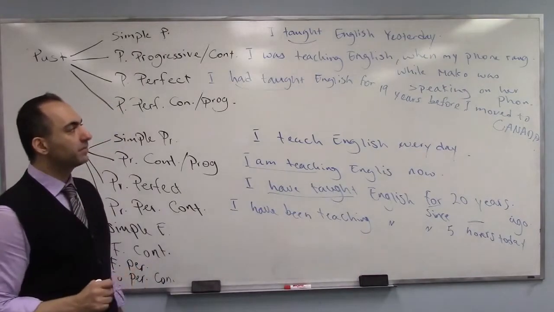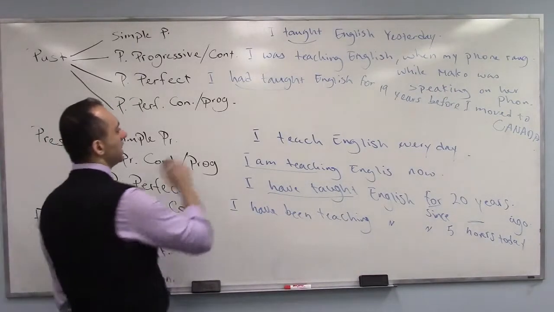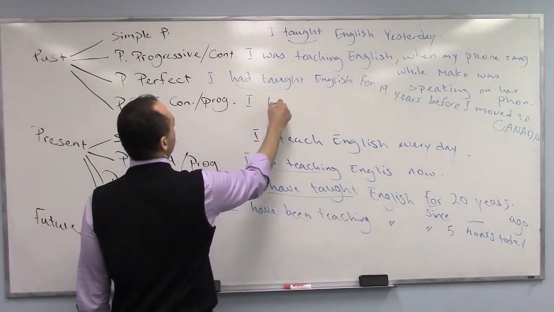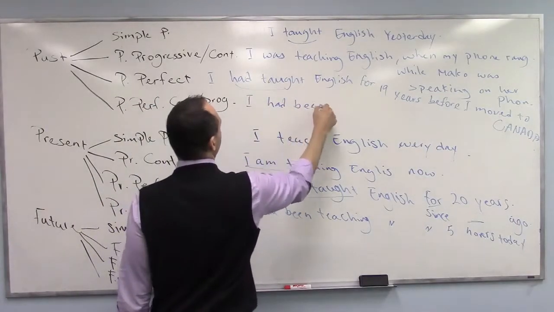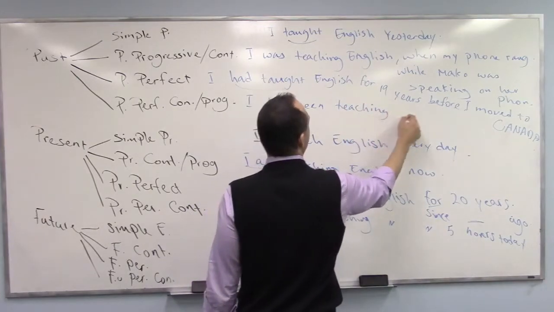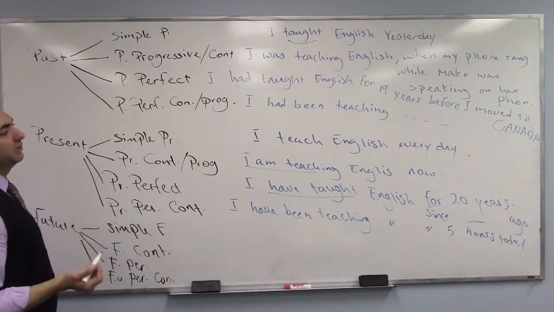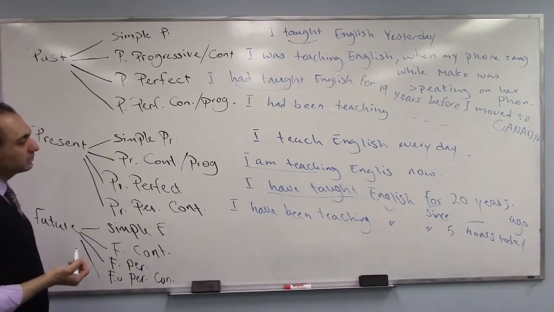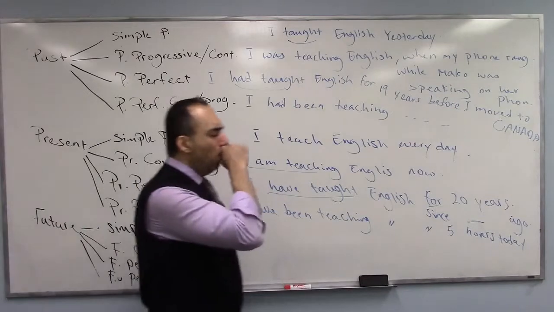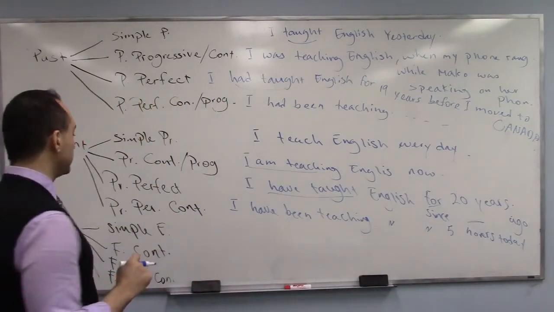Yeah? Past perfect. How about past perfect continuous? I had been teaching English for 19 years before I moved to Canada. And then we want to know the difference. Right? We will look at the differences.